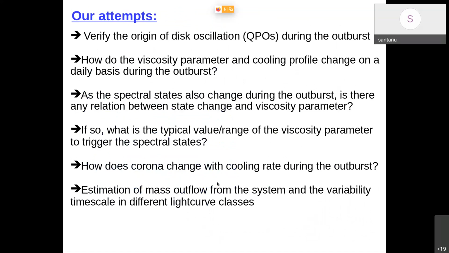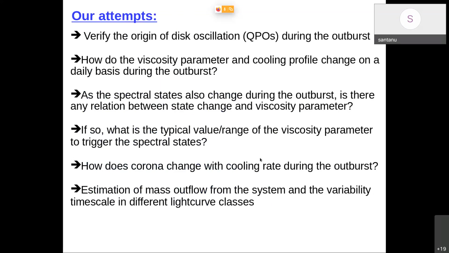So what are we trying to show? We are trying to show that the quasi-periodic oscillations or disk oscillations that we observe can originate from the oscillation of the shock. We also want to check how the viscosity parameter and cooling profile change on a daily basis during the outburst time.